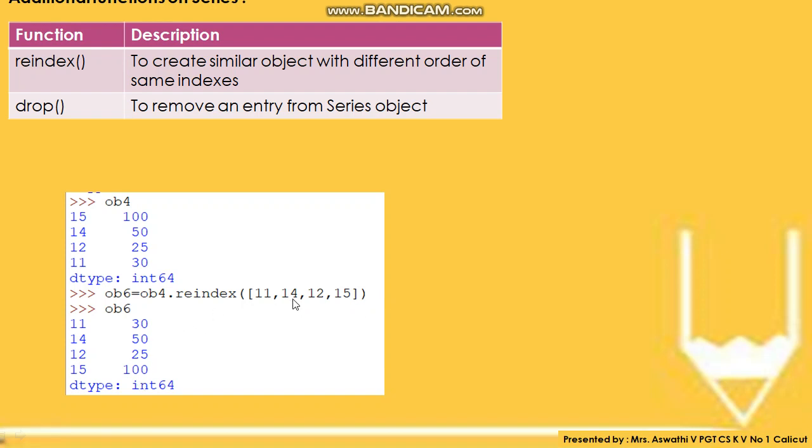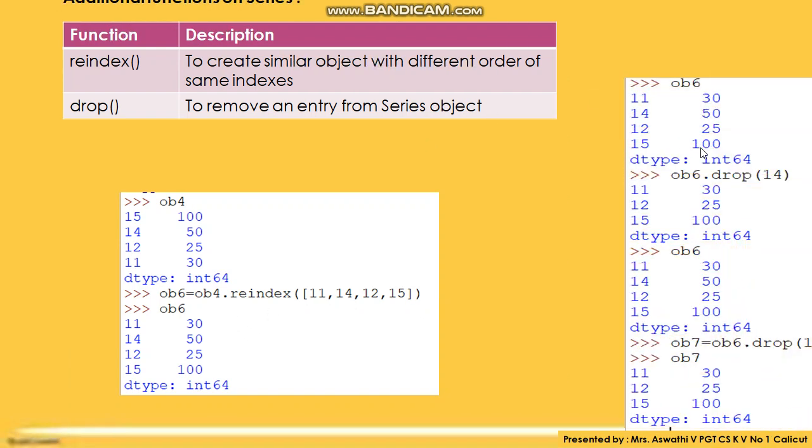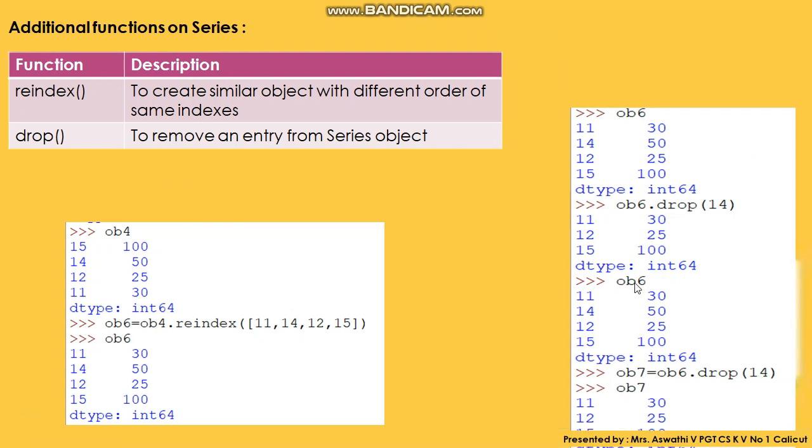That is reindexing. And here you have drop. If I give OB6 dot drop of 14, it will delete the entry 14. But here also I have not saved the data. So after that, if I print OB6 again, you can see 14 is back there.